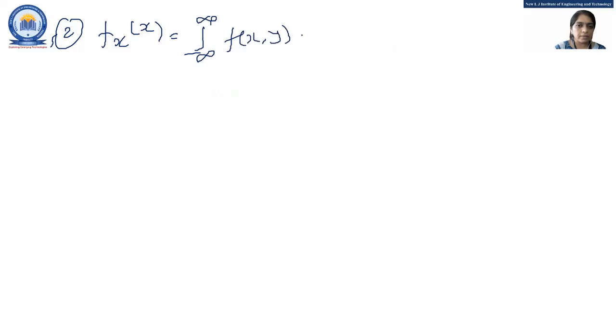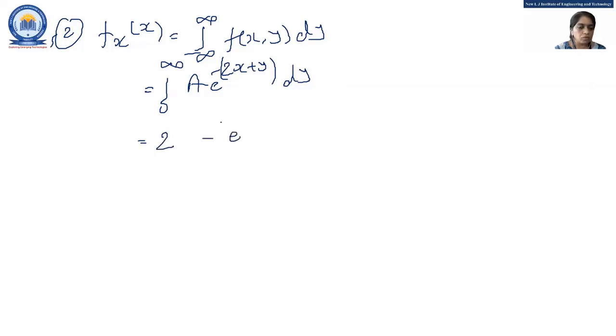For the second one, here f of x, for x from minus infinity to infinity, is the integral of f of xy dy, right? And it is the integral from 0 to infinity of a e to the power minus (2x plus y) dy. So if I keep a as 2, and keep 2 out of the integral, it is minus e to the power minus (2x plus y), so limits are 0 to infinity.